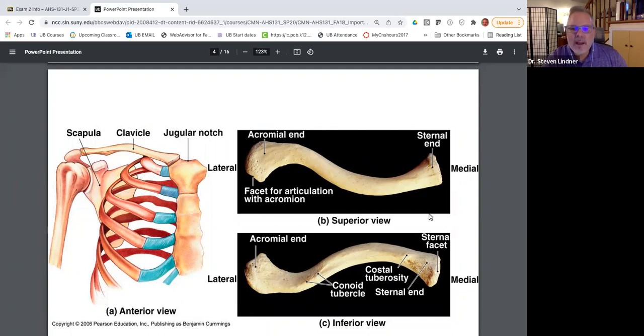Underneath, on the inferior view, there's these roughened portions. One's called a conoid tubercle, and the other is called a costal tuberosity. These little knobby points are for ligaments to attach on the underneath surface of the clavicle.